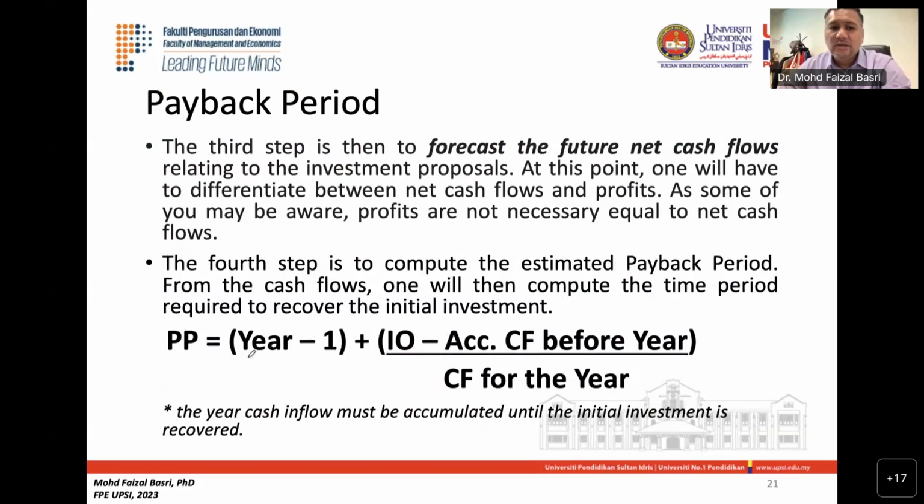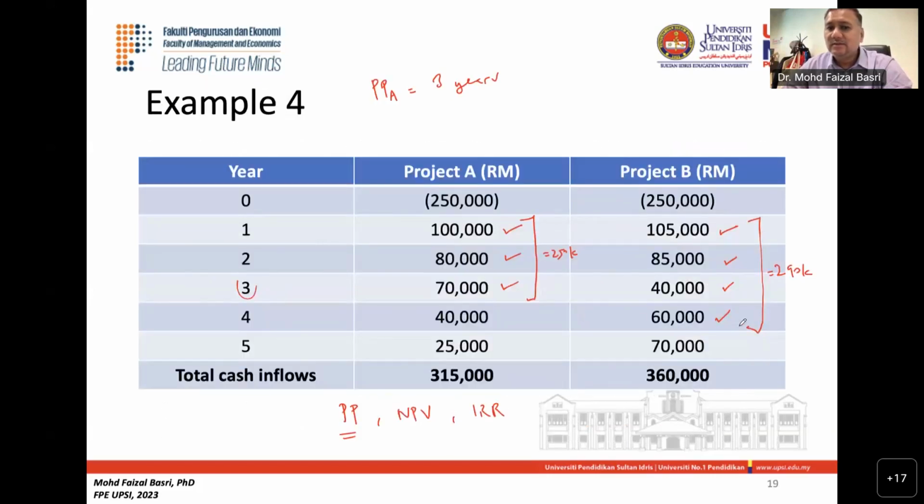Here, the year represents the year in which we fully recover the initial investment. In our calculation just now, we know we generated enough inflows in year number 4, even though it's more.